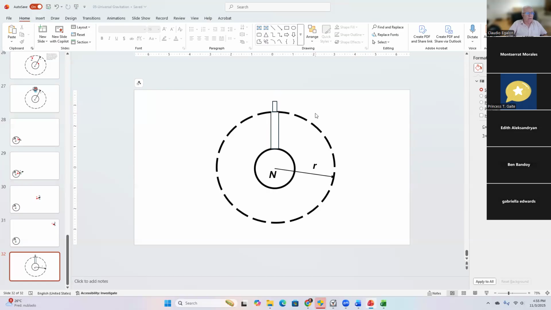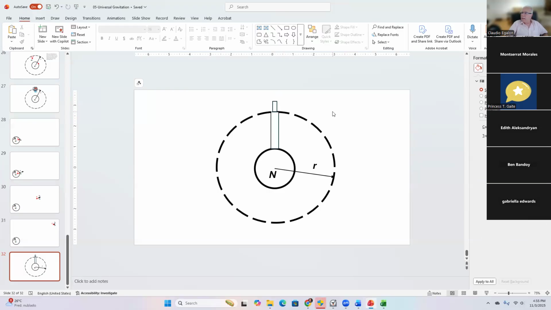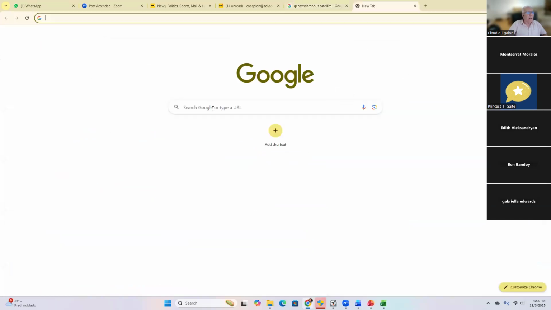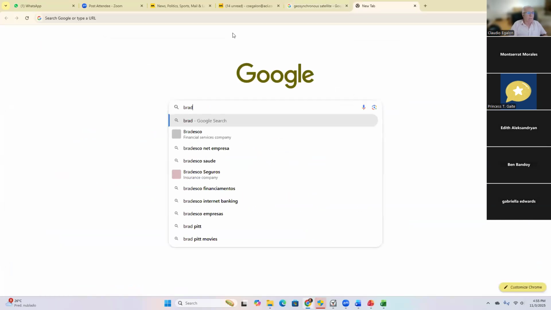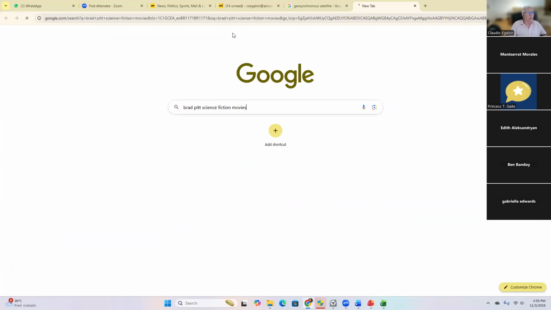And they described this tower. Anybody watch that movie? Whoever is a fan of Brad Pitt movies? Science fiction movies, right? Brad Pitt science fiction movie. Let's see.